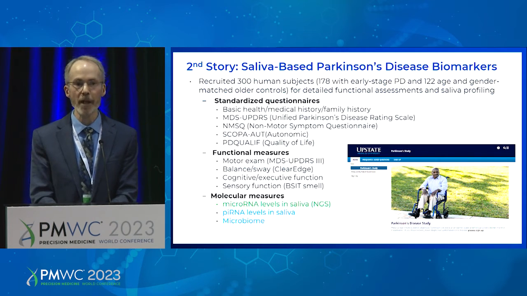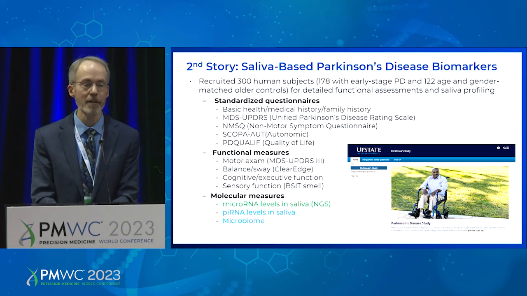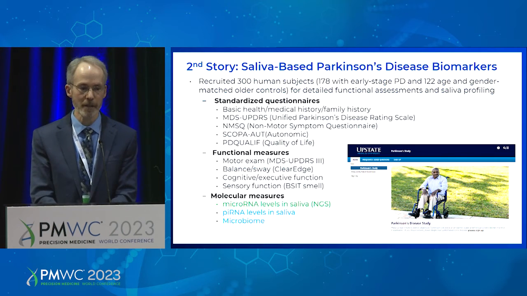In a similar manner, we collected saliva from very well clinically characterized subjects with Parkinson's disease, and we examined changes in the expression of the human non-coding RNA as well as the microbial content that's there.